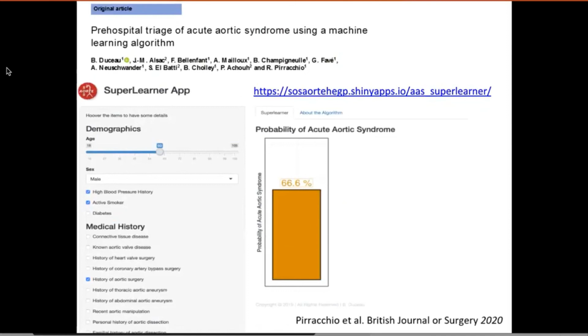So here's an example of what we call an aortic injury or acute aortic syndrome, which is a very difficult diagnosis in the ICU. Next slide.